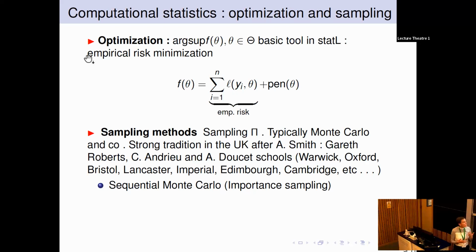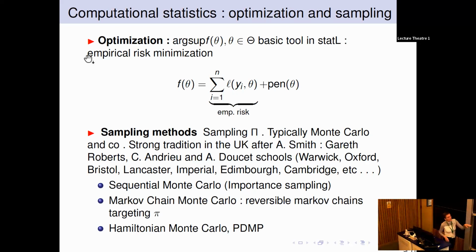And so you need to come up with an algorithm that scales well to the dimension and the number of observations. This is a big field, and it has been a big field in the UK for 30 years, essentially. It's still a big field, despite the fact that people say that these MCMC algorithms, which are reversible Markov chains that you construct on the space and which target the distribution you want to sample from, don't scale well with the dimension.